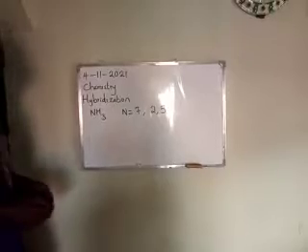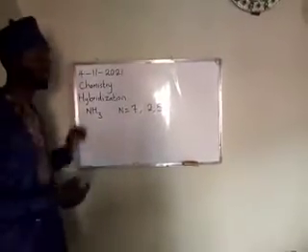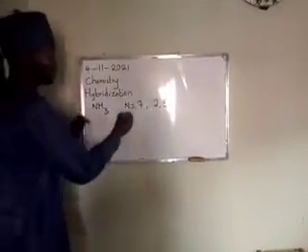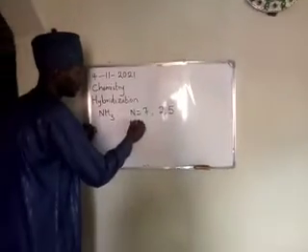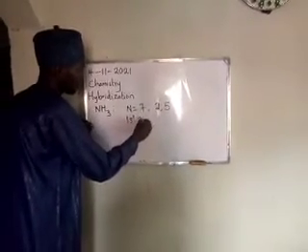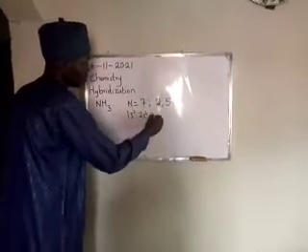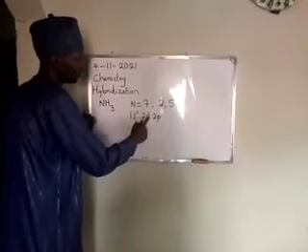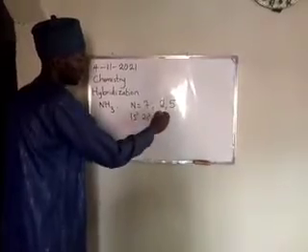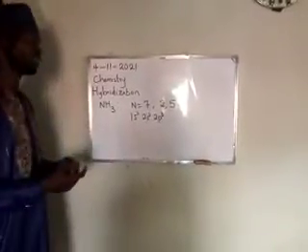Now, if you draw the orbital configuration, you are going to have 1s2, 2s2, remaining how many? 2p3: 2 plus 2, 4, plus 3, 7, isn't it? 7.